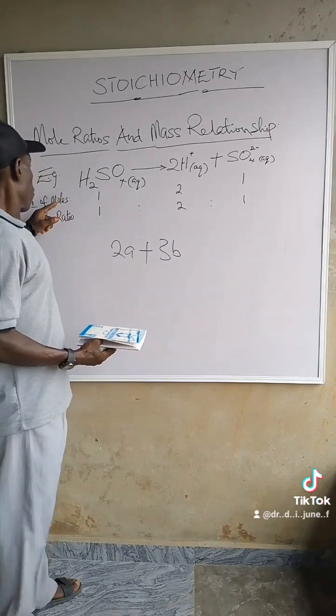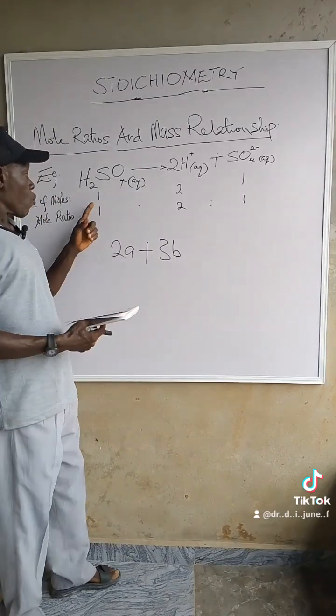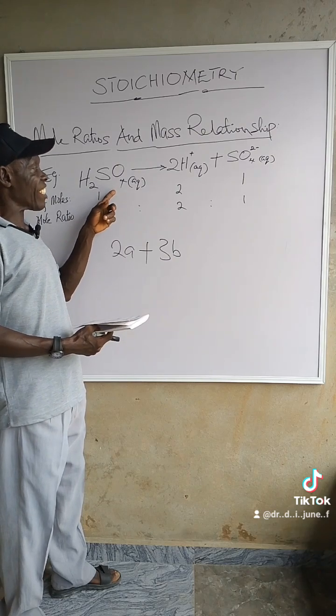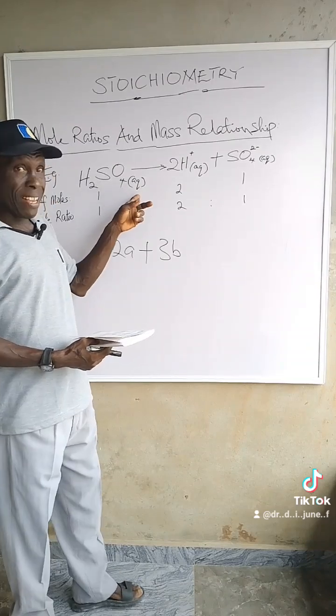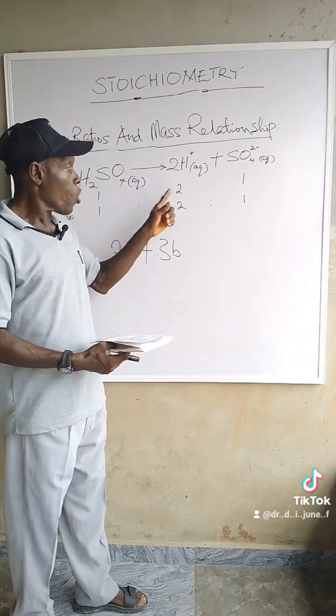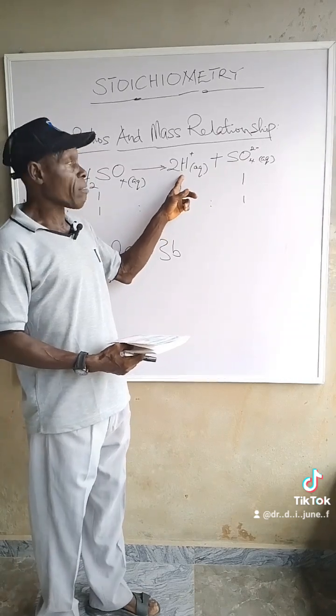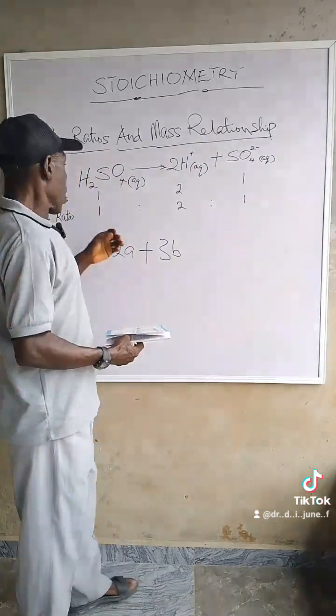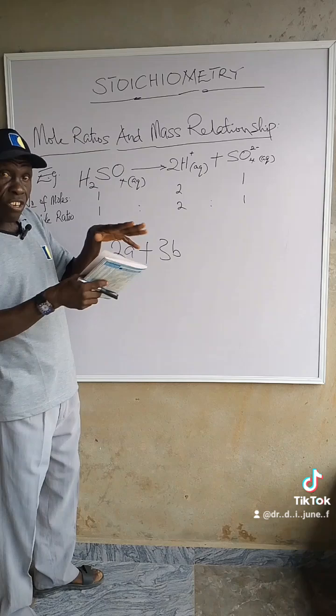So it means that if you want to interpret it now, 1 mole of tetraoxosulphate(VI) acid in solution breaks down or ionizes into 2 moles of hydrogen ion and 1 mole of sulfate(VI) anion. Now we can also talk about the mole ratio.